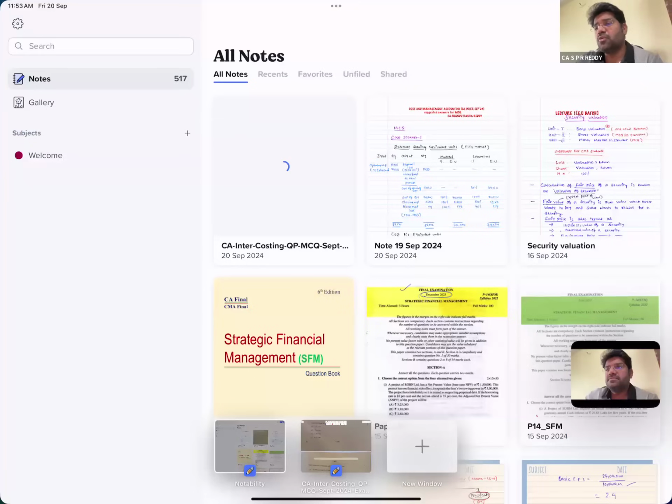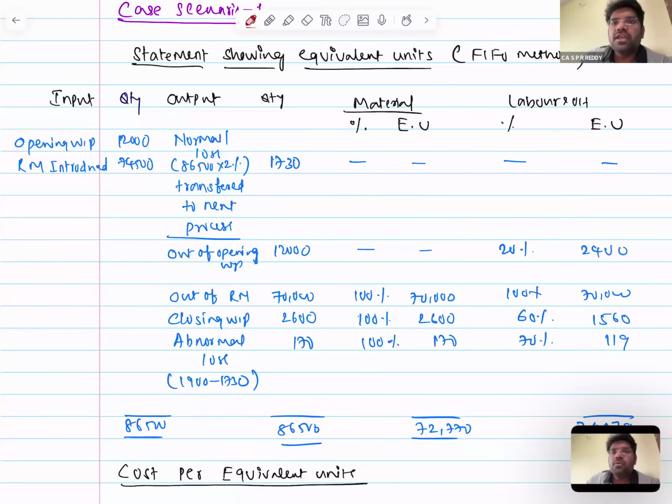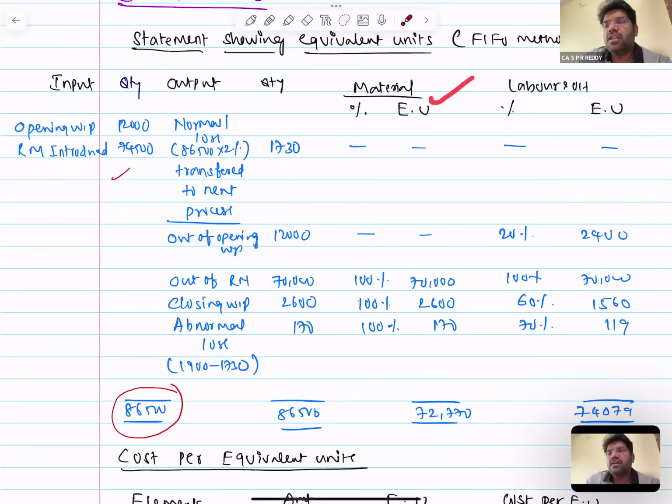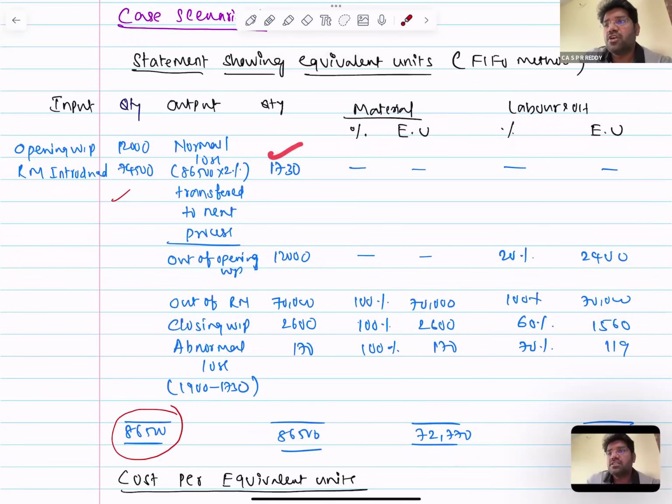If you see scenario 1, equivalent units under the FIFO method. Total input here, opening work in progress plus raw material introduced, total is 86,500. Material equivalent units, I got 72,770. Normal loss, we should not take any equivalent units.